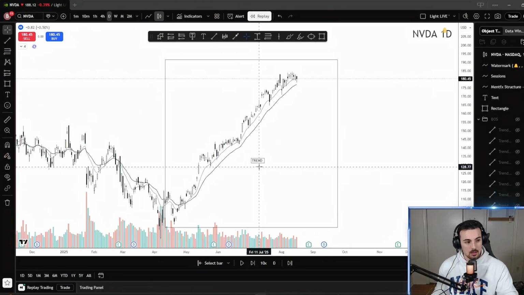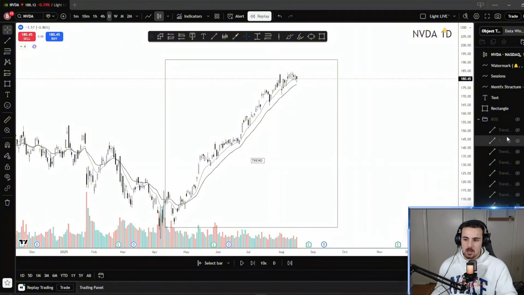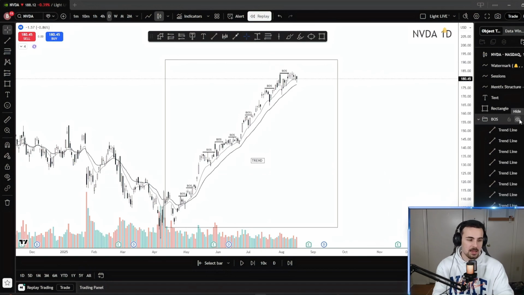So can this trend exist without breaks of structure? No, it cannot. So with a click of a button, I have highlighted to you the breaks of structure that I see within this trend.